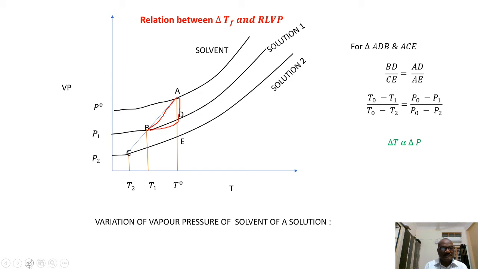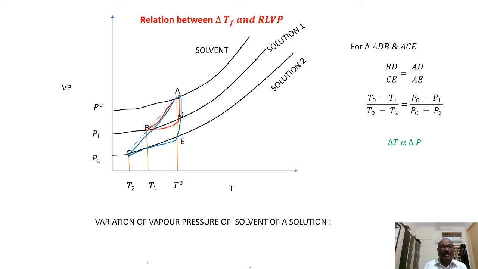The next similar triangle we can see here is ACE. These two are the similar triangles. So in the case of similar triangles, we have the formula: the ratio between the similar sides in similar triangles will always be constant.